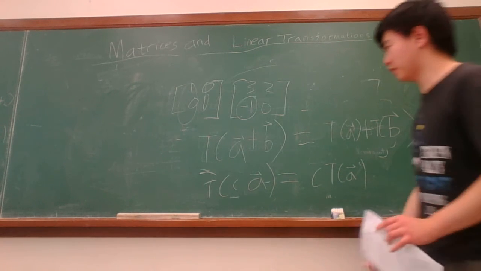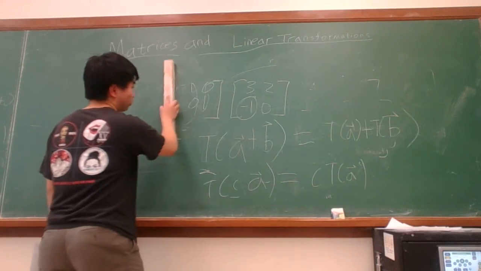So let's see why multiplication is linear.